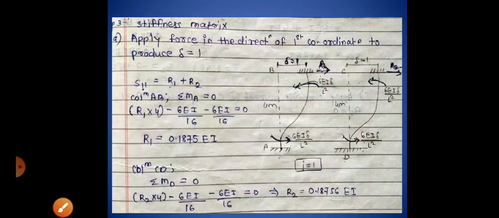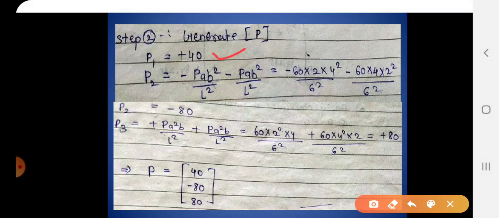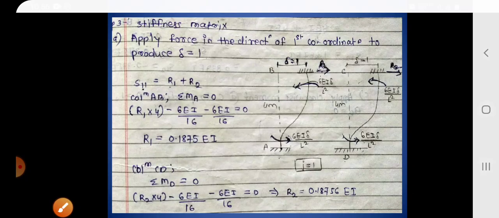Accordingly, P1 is plus 40. P2 is the fixed end moment due to these two eccentric point loads, minus PAB square by L square minus PAB square by L square, that is minus 80. P3 is the moment at support C, therefore P A square B by L square plus P A square B by L square. So we have generated the P matrix: 40, minus 80, 80.